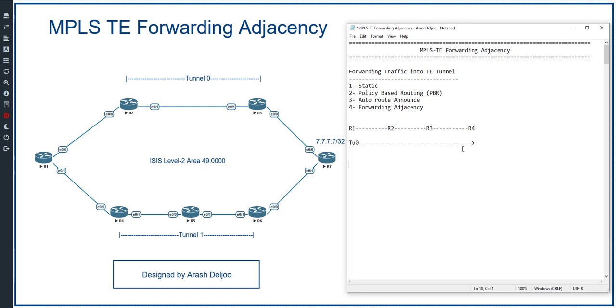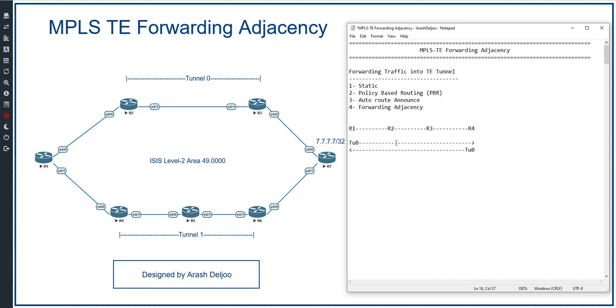The good news is that you can configure forwarding adjacency. After configuring forwarding adjacency and learning about its details, you will have, like GRE, a direct virtual link between R1 and R4. It's so interesting and you can use it. But don't forget, for using the forwarding adjacency feature, you need to configure two tunnels in two directions. You know that the TE tunnel is a one-way tunnel.